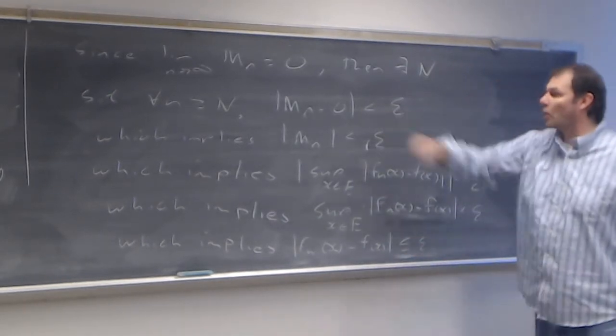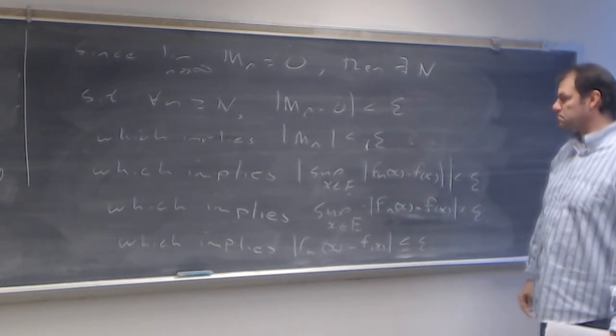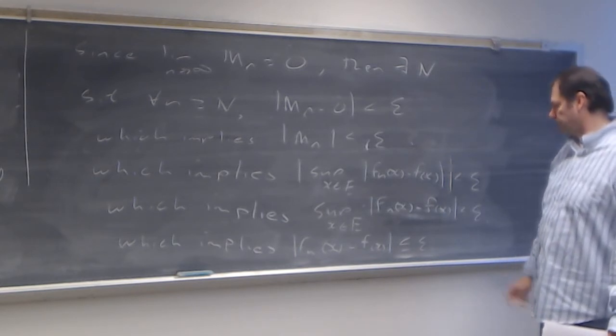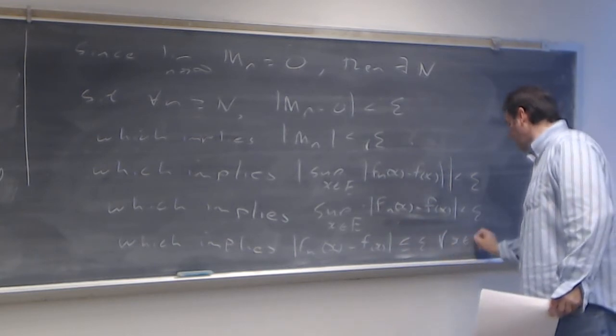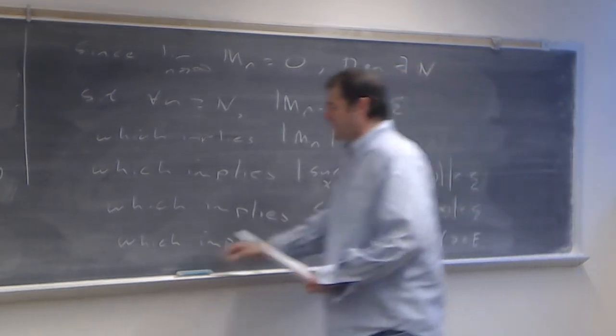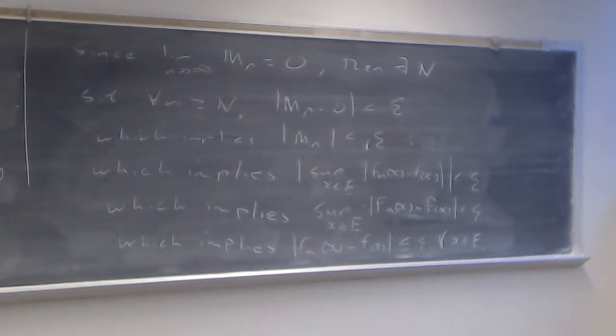Okay, and that's true for all n bigger than that big N and for all x an element of E. And so that's what it takes for the f sub n to converge uniformly. That's what I'll write as the conclusion of this proof.